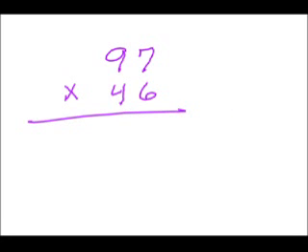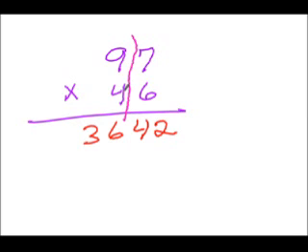Take a look at that problem for a moment and remember, or try to remember what we did. I'll draw my line down the middle. First thing we did is we multiplied over here. We could start on either side, but I'm going to start on the right hand side. 7 times 6 is 42. 9 times 4 is 36.